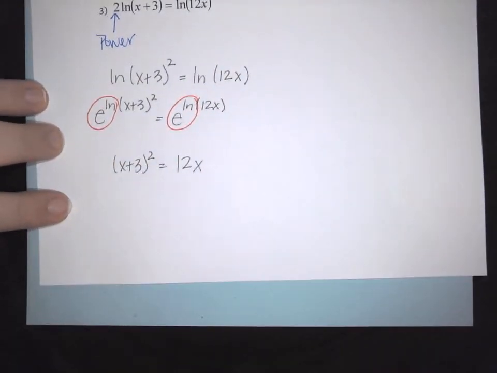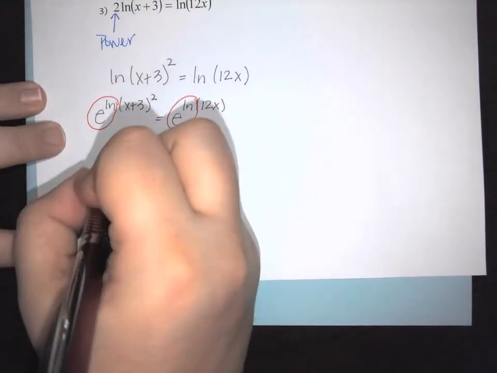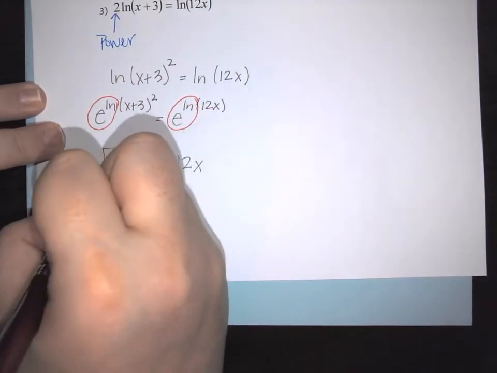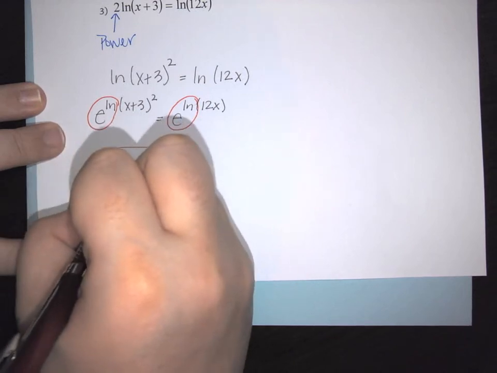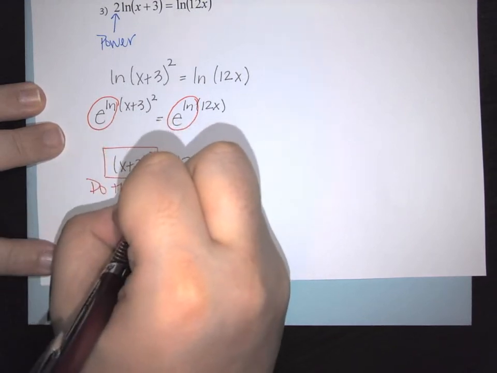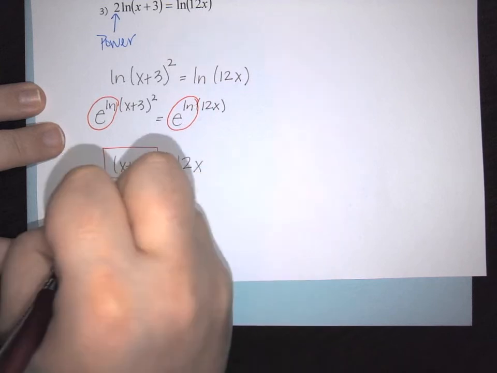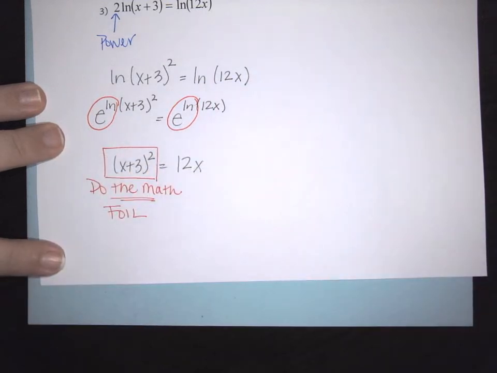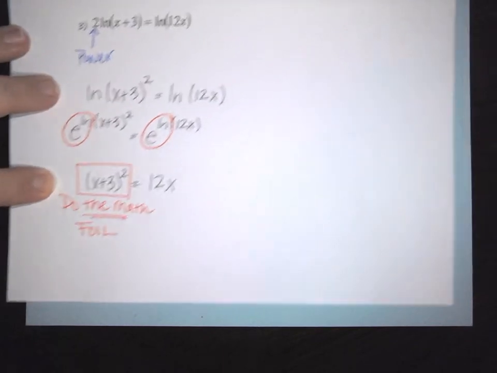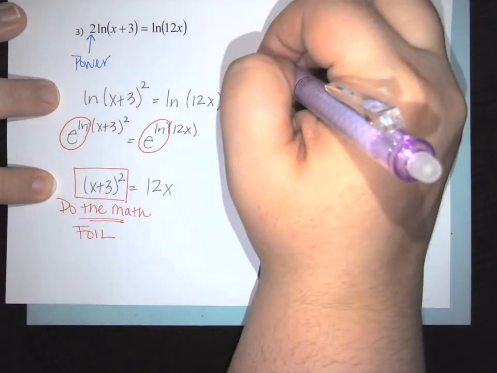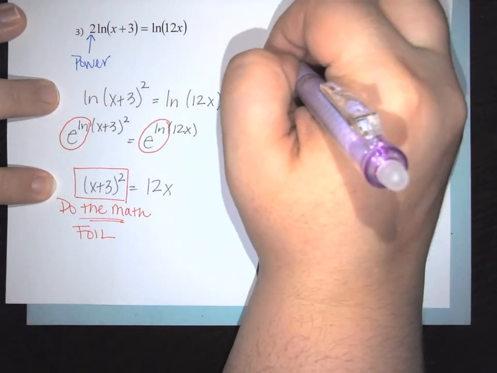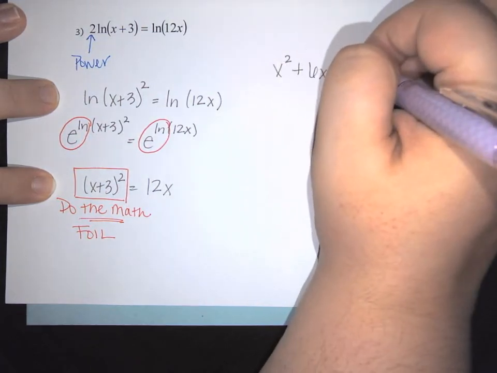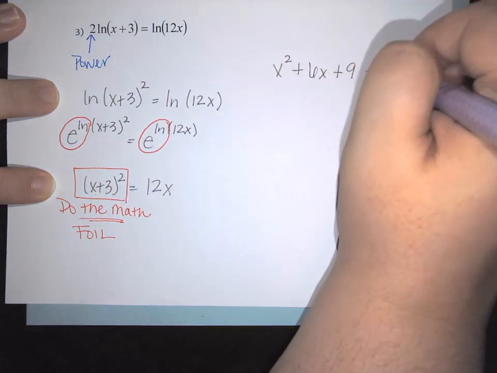Now, if I look at my square term, I have to do the math, which in this case means I have to FOIL. So I'm going to FOIL this out, and I end up with x squared plus 6x plus 9 is equal to 12x.